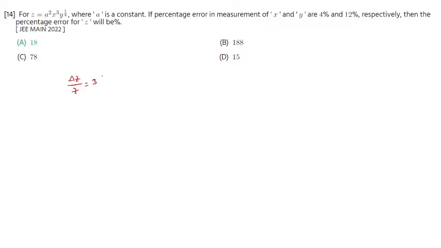So here 3 into delta x by x plus 1 by 2 into delta y by y. So 3 into 4 plus 1 by 2 into 12. So they already gave the delta x by x values. So 12 plus 6, nothing but 18.